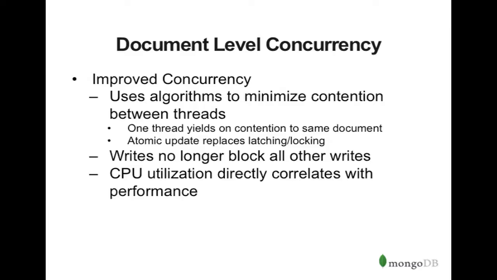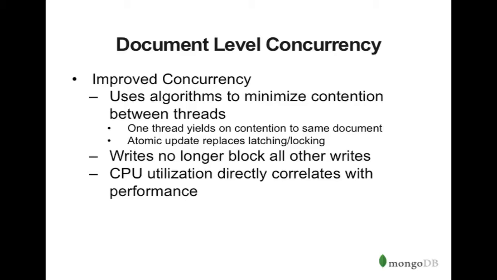I want to go in a little more depth on the document level concurrency model in WiredTiger. As I mentioned, in mmap, up until now, we've had database level concurrency.